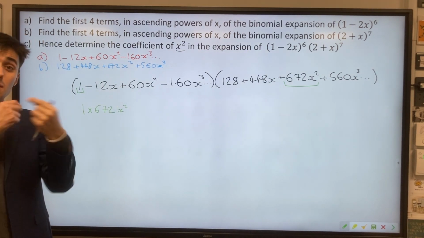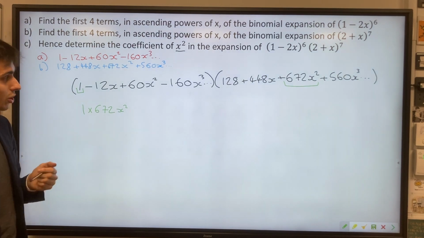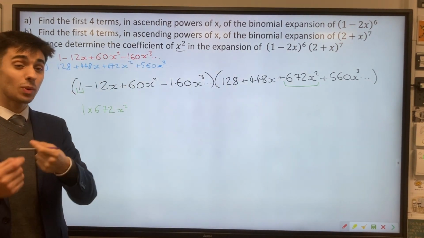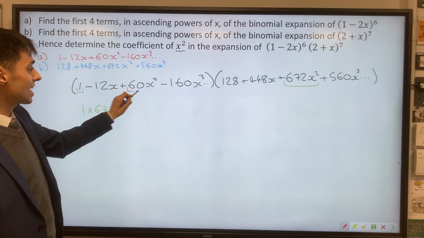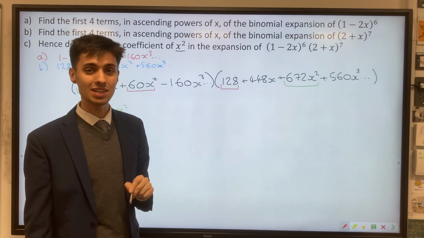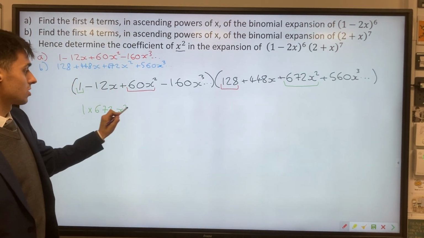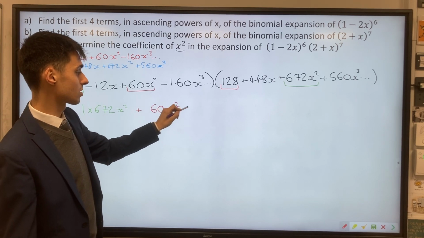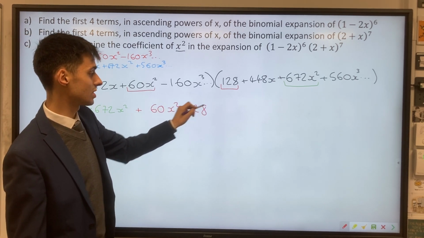There's actually another symmetrical way like that though. We could have, if I switch colour, the other way round from these brackets, we could have 60x squared times by 128. That also works. So let's add in, we could have 60x squared times 128.